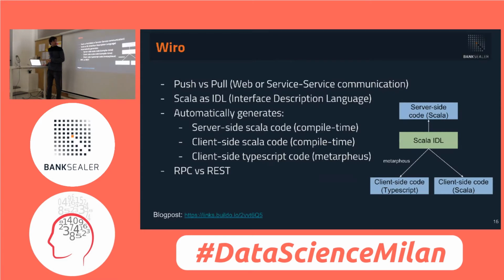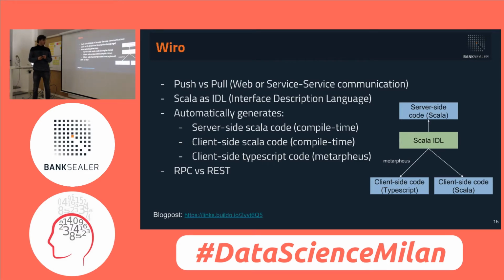Another interesting thing we are doing is Wire, a library we wrote that we are using a lot. As I said, we have a data pipeline, and it's very important for us to have queues, but sometimes you need to pull the data and not receive the data in push. In these cases, we use an RPC style approach.